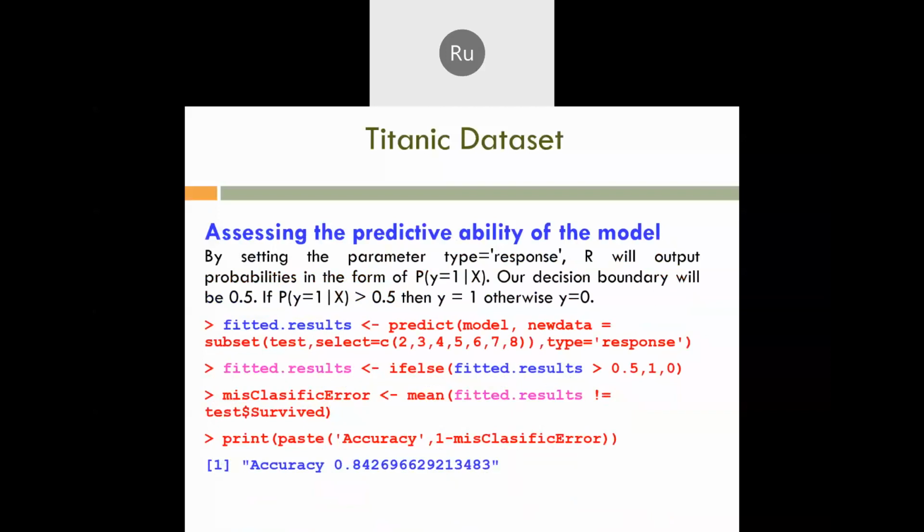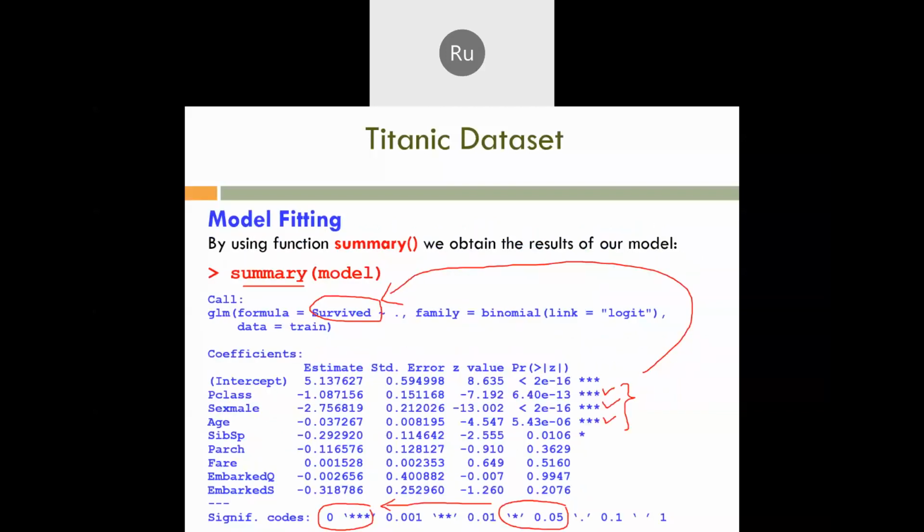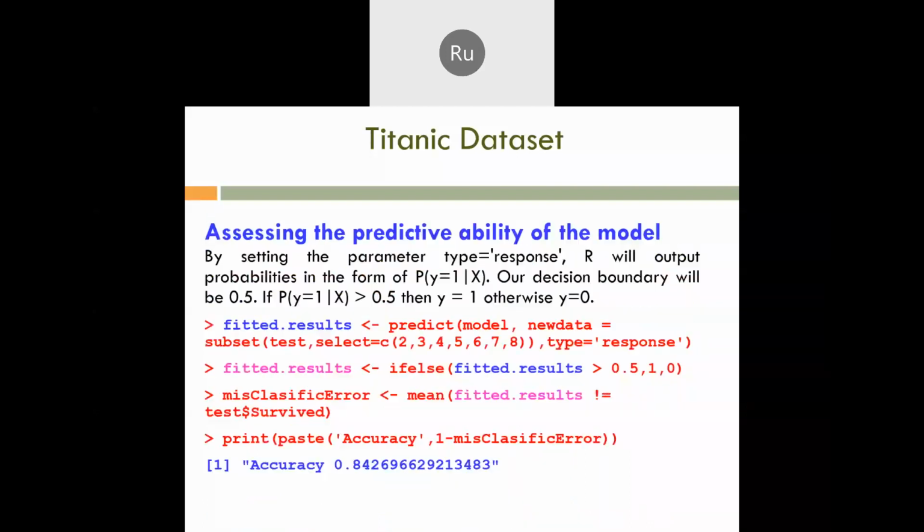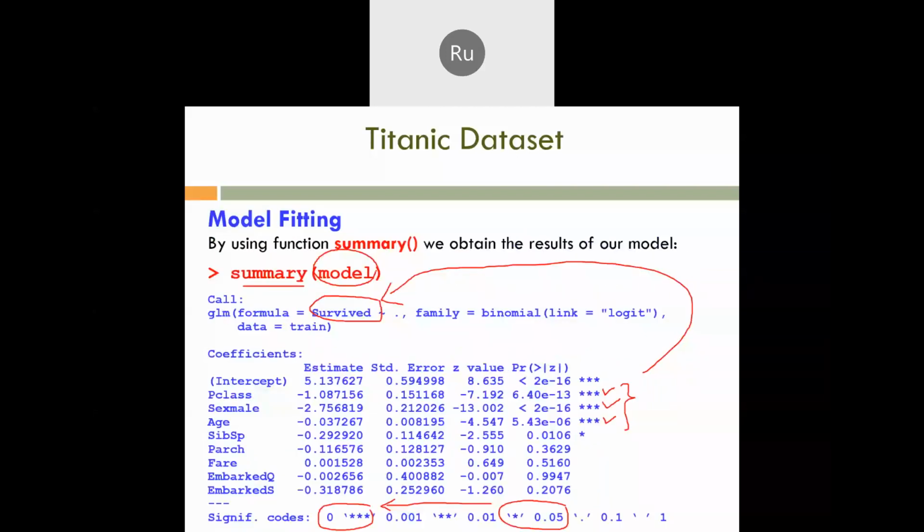Okay, so this is when we perform the training, but how do we know? How do we assess the performance of the logistic regression? What we do is, the result that we get from this model, all the results will be stored in the model.